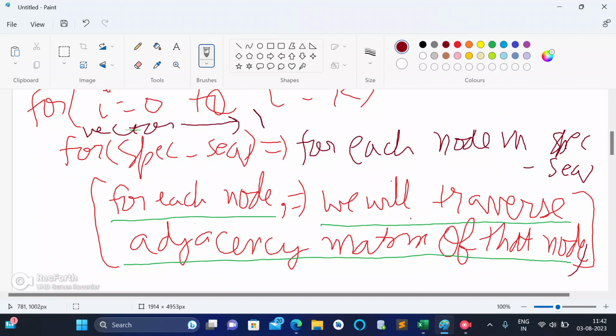here I will make another vector whose name is vk. As soon as a node becomes a leaf node, I will put it into vk.